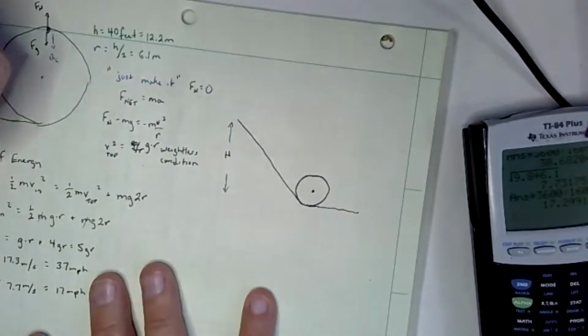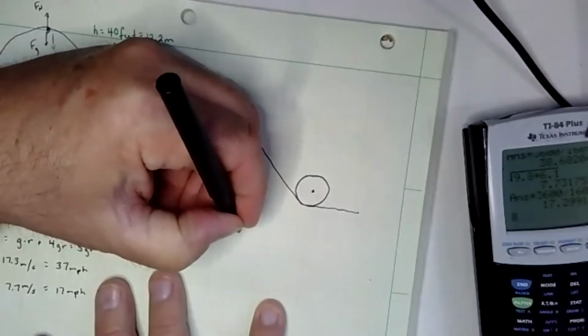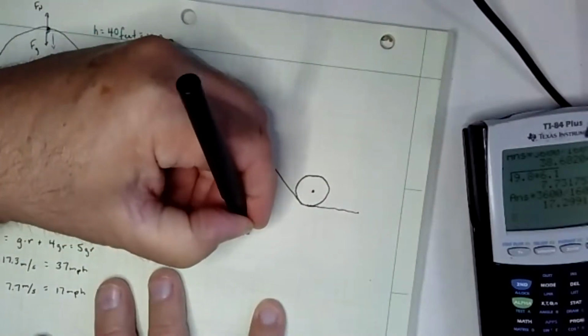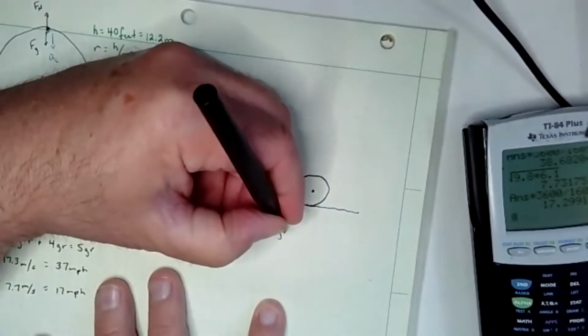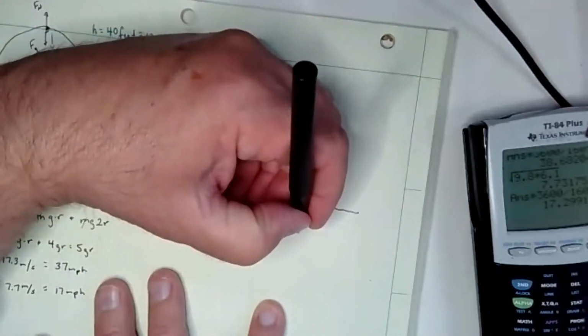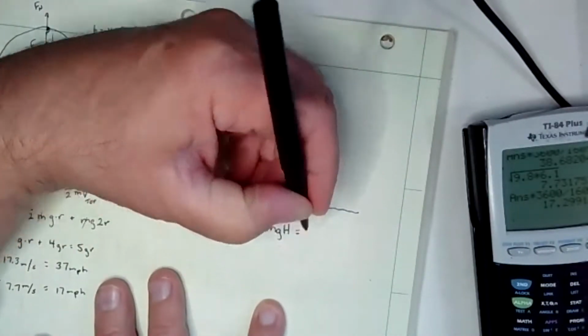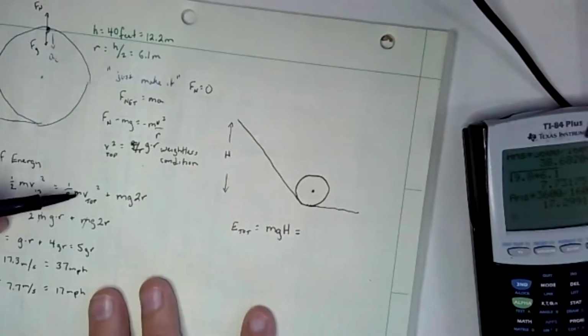So in that case, instead of starting off with kinetic energy, the total energy would start off as potential, mg times capital H. And then the same thing is true. So by the time we get to the top, we're going to have 1/2 m v top squared and m g times 2r, and add these together.